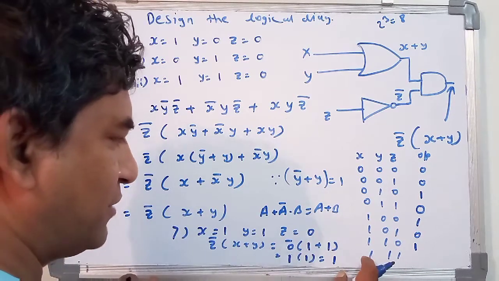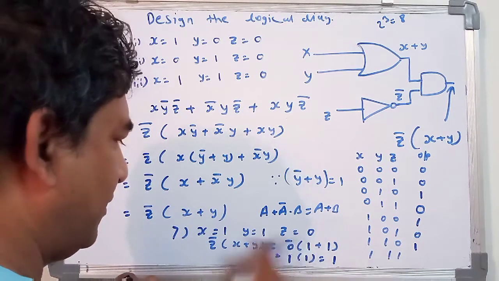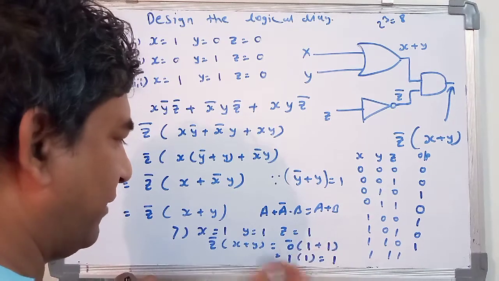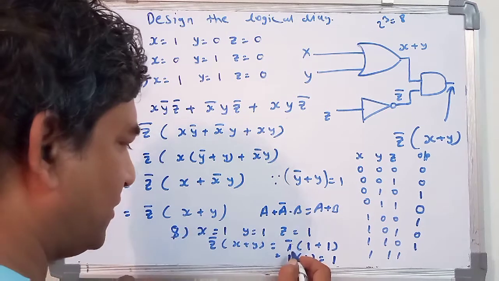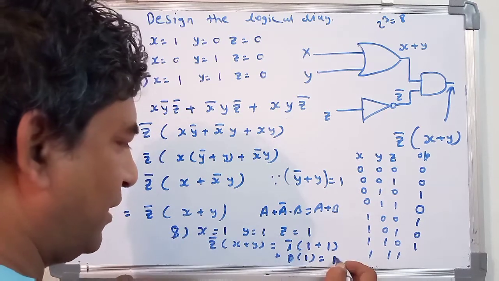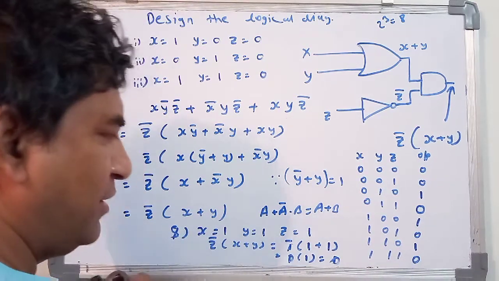Then again the last one, 1 and 1 and 1, whole thing is going to be added. So 1 plus 1 and this value is 1, it is the last number condition. So here you will be getting the 0 and in the end you will obtain the value as a 0.